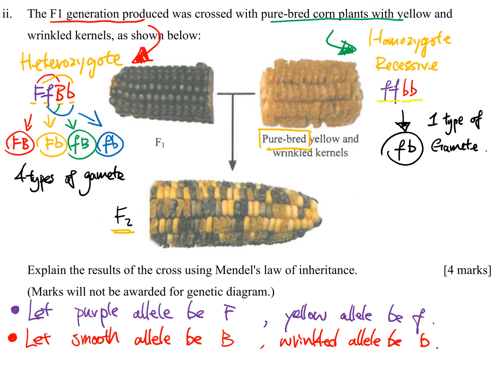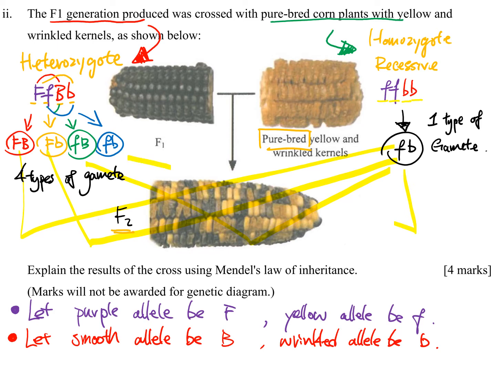This is because you have 4 types of gametes from the heterozygotes, while 1 type of gamete from the homozygous recessive. After fertilization, you will have, after joining, 4 types of offspring. This forms the F2 with 4 phenotypes.